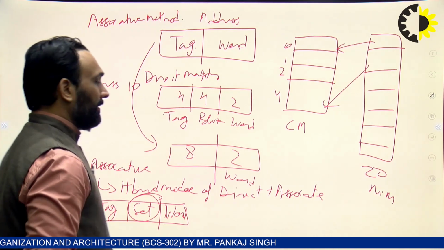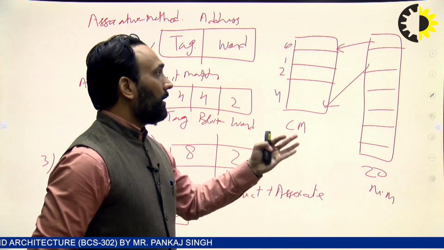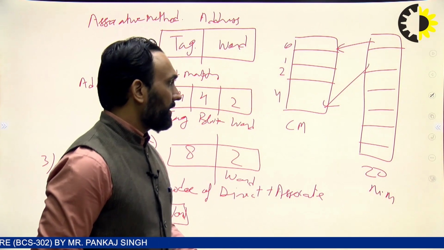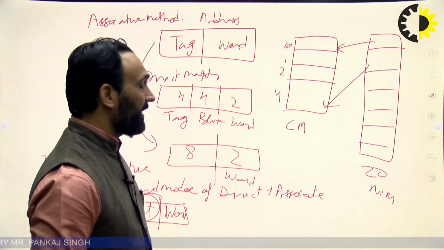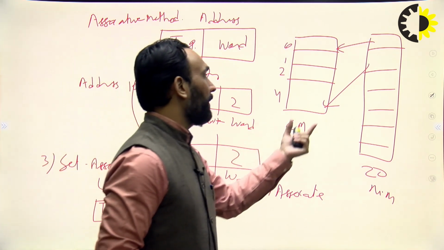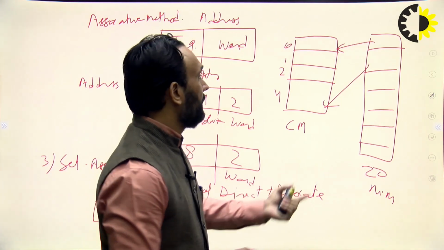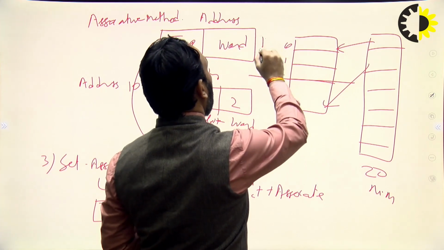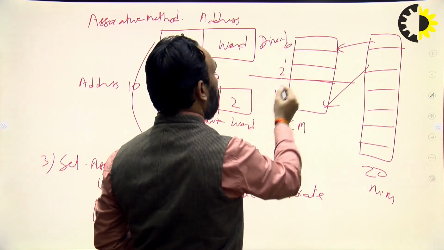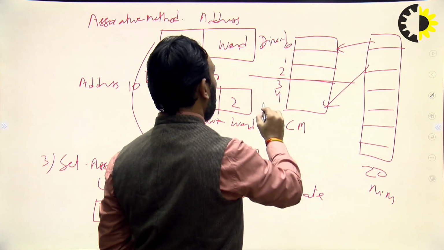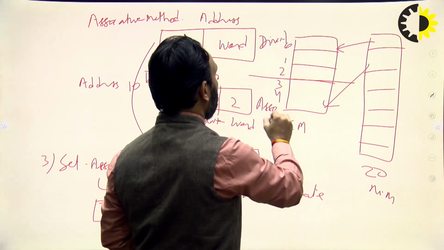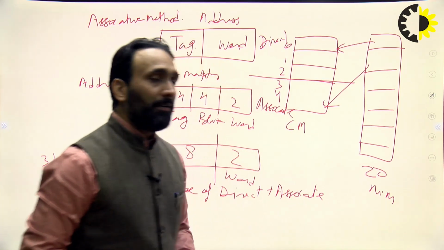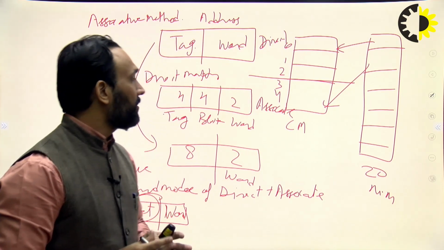What is a set? For example, if we take the same example, in a cache memory, if we have 4 addresses, they will be divided into two parts, 2 for direct and 2 for associative. Means by default that is a two-way set associative.